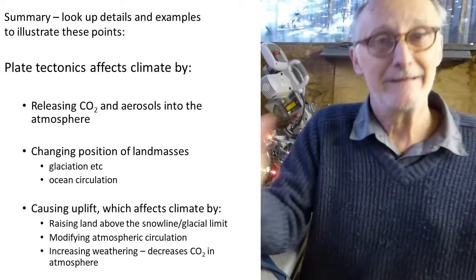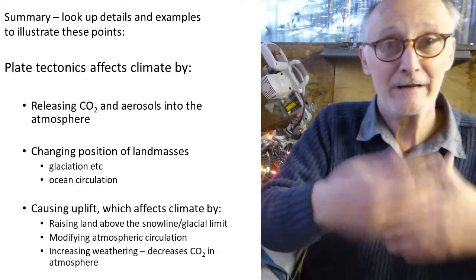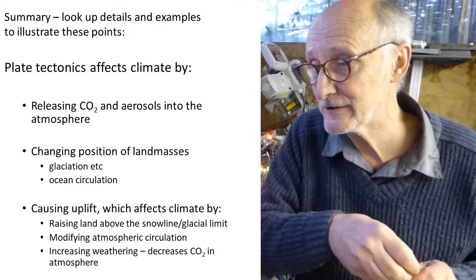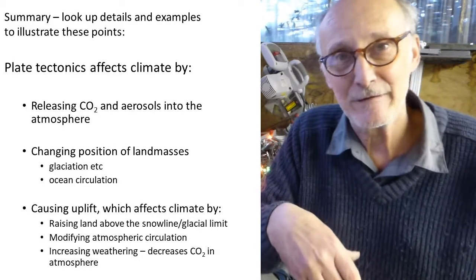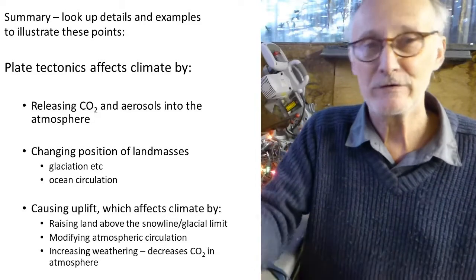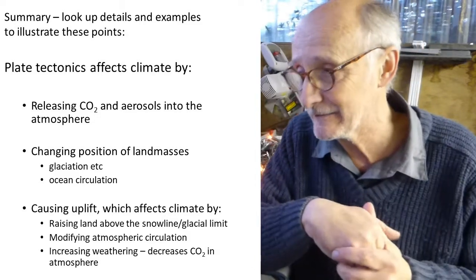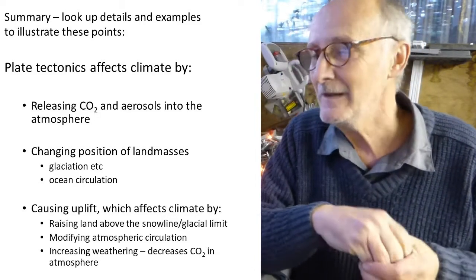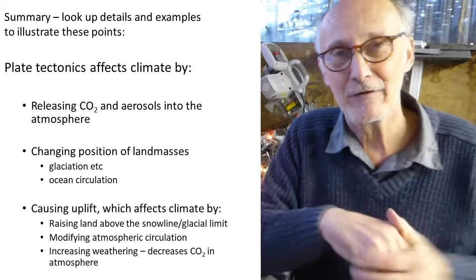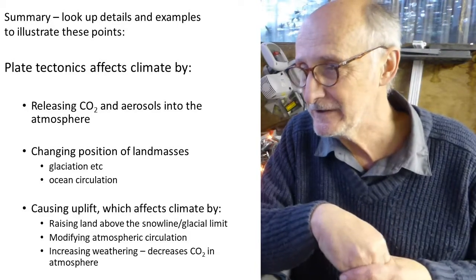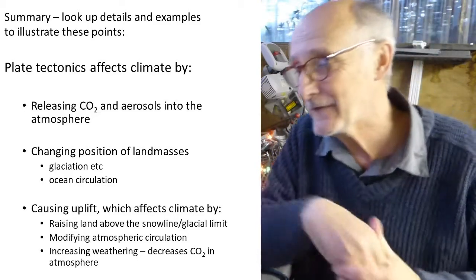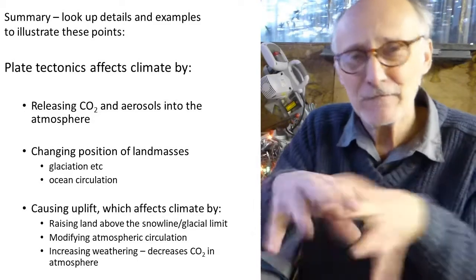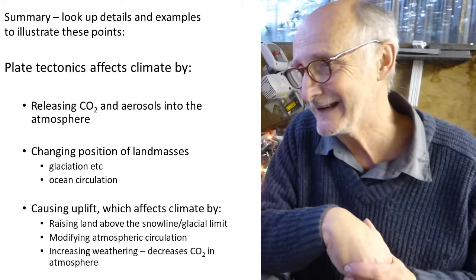So you get snow, you get glaciers, you get albedo feedbacks, positive feedback on glaciation. That glacial activity then initiates enhanced erosion. That erosion produces material that can be subject to enhanced weathering. That weathering then impacts on atmospheric composition. The uplift has also had an impact on the atmospheric circulation. So there's lots of different things going on and interacting in there.